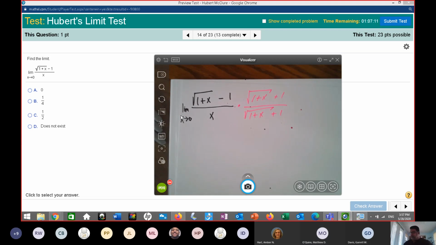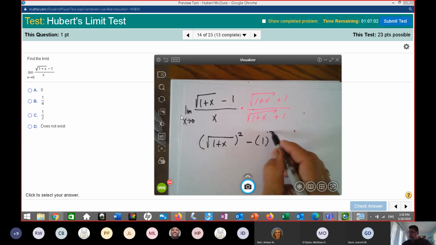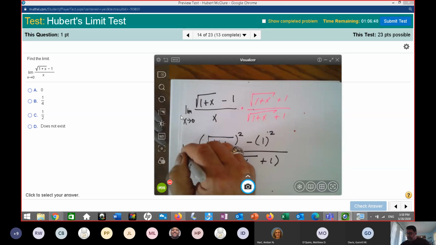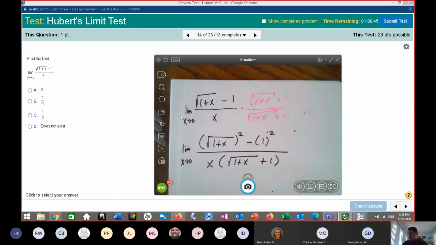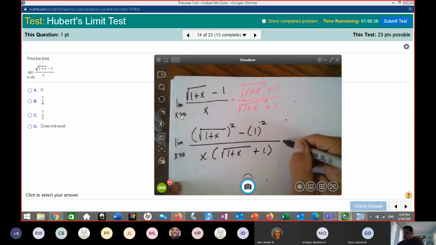And that's going to give us the square root of 1 plus x quantity squared minus 1 quantity squared, shortcut number 3, over x times the square root of 1 plus x plus 1, limit as x approaches 0. And that's going to cancel that out.